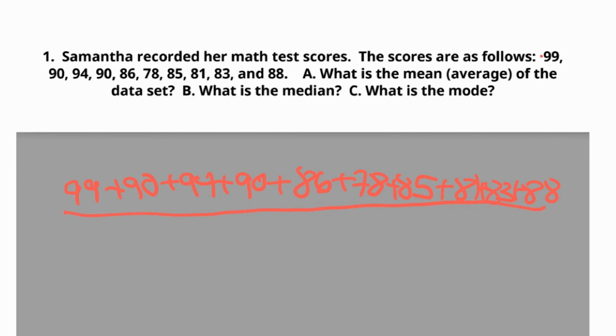So there's a total of 1, 2, 3, 4, 5, 6, 7, 8, 9, 10. So you need to add up all those answer choices, and that would give you your answer. So let me add these up right away.